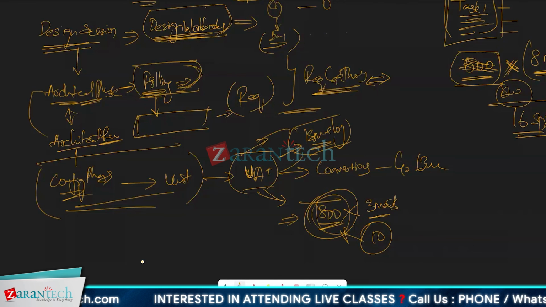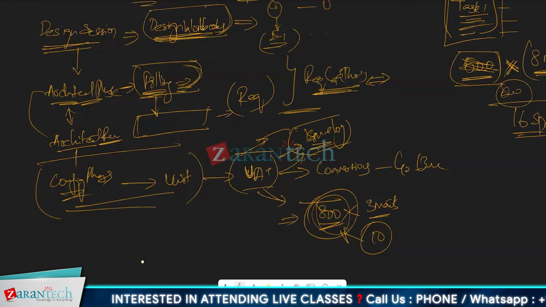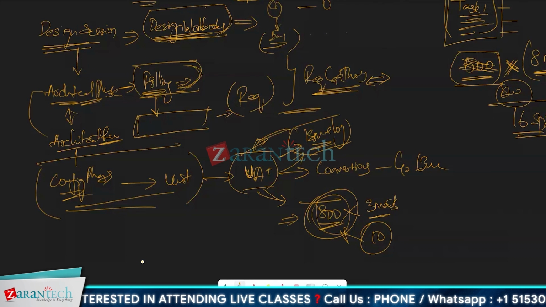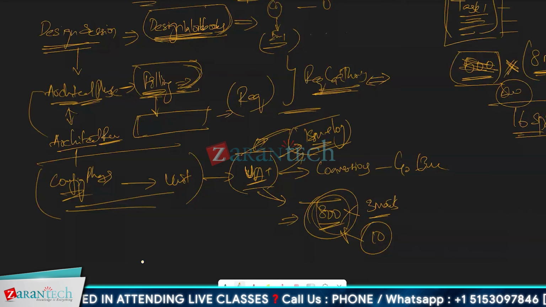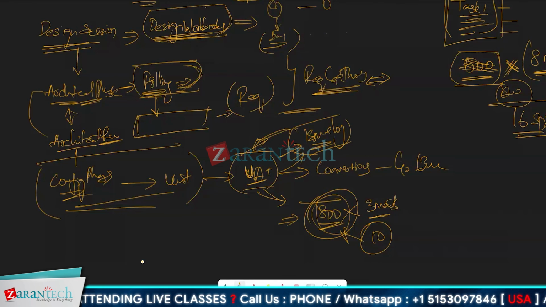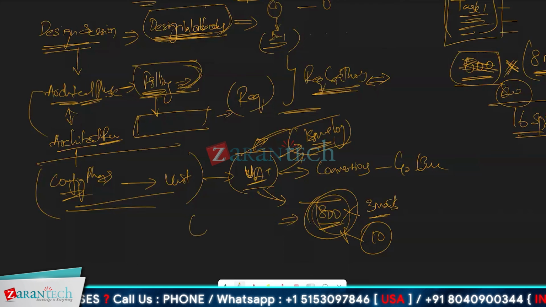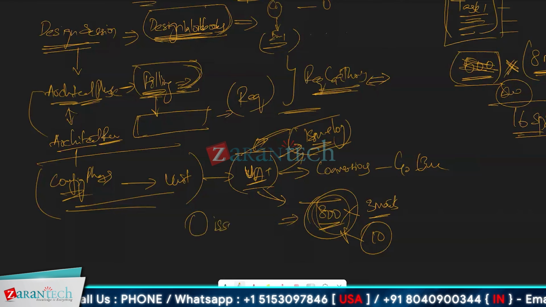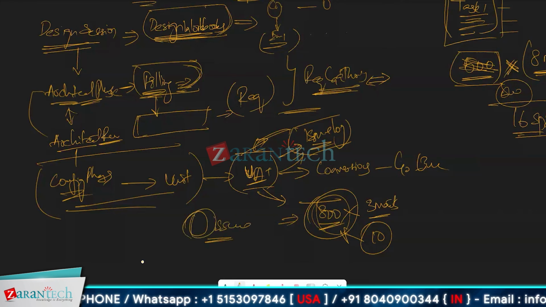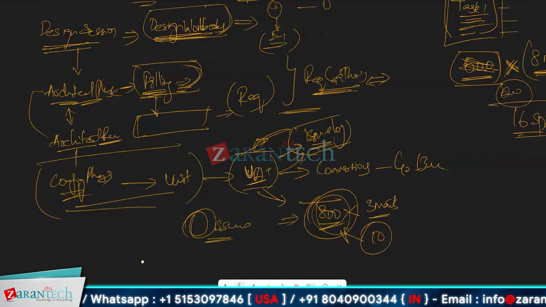So during the UAT, any issues will be logged, and then issues will be solved, and they will retest. Let's say there were 500 or 600 issues that were reported, and slowly the issues will become zero. This is the day they will say that okay, now the UAT testing is completed.